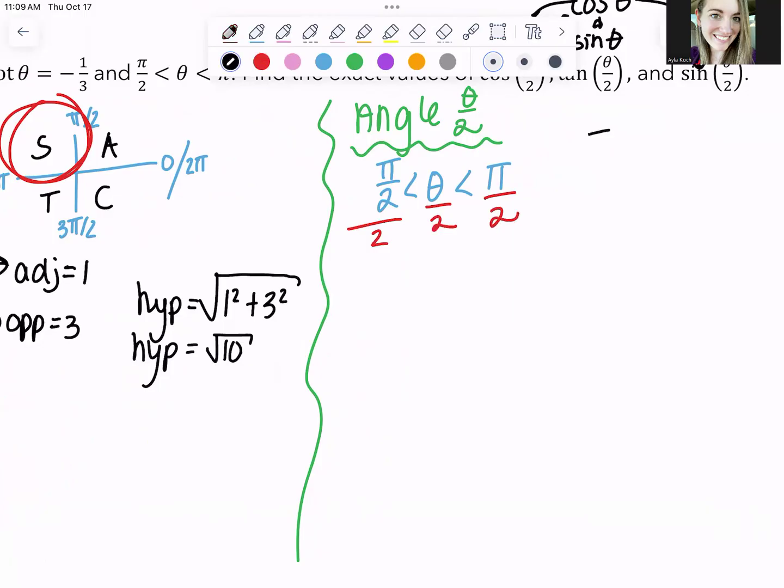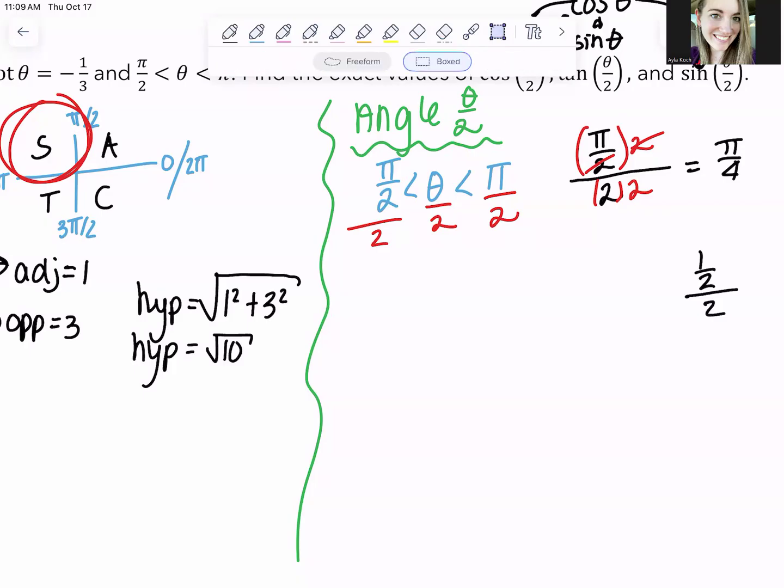Quick math over here. Pi over 2 all divided by 2. You could take this and multiply the big fraction, the top and the bottom, by 2. It would cancel here. You would get pi over 4. So if you divide pi over 2 in half, you get pi over 4. Same thing, like if you divide 1/2 in half, you get 1/4.